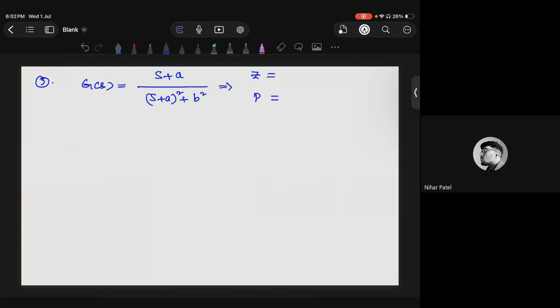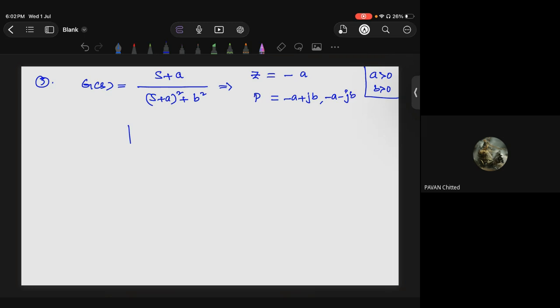Again consider a is greater than 0, b is greater than 0. What are the zeros? Minus a. So what are the poles? Minus a plus jb and minus a minus jb. Am I correct?